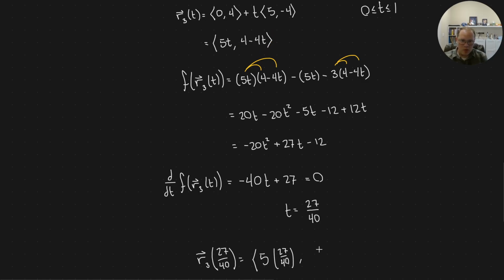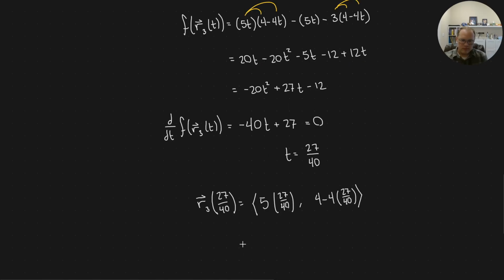And for my second component, that's 4 minus 4t. Five goes into 40 8 times, 4 goes into 40 10 times. So I get, for my first component, 27/8. For my second component, that's 4 minus 27/10.